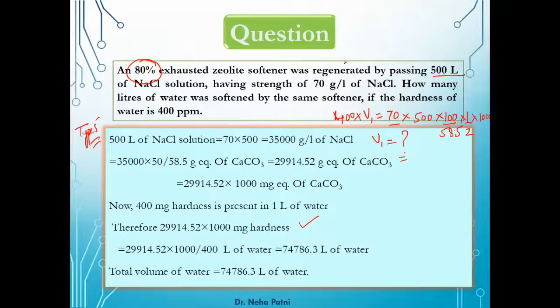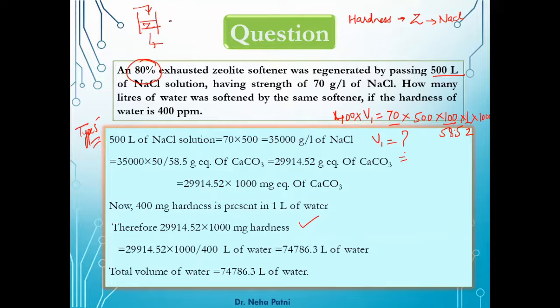Think a bit. What I said already was hardness was removed by zeolite, and zeolite is regenerated using NaCl, right? So now let's say in a container a zeolite bed was placed and you were adding hard water from top and getting soft water from bottom.